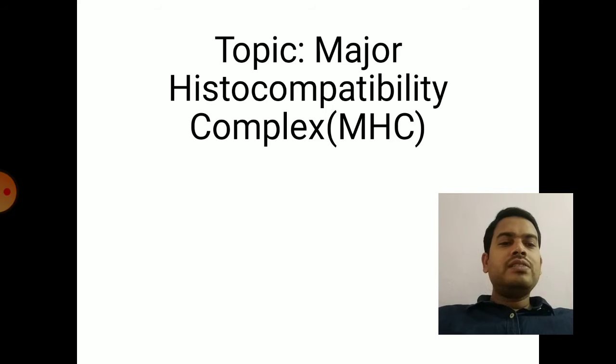So in mice it is called as H2 complex. In humans it is called as HLA complex, human leukocyte antigen complex. So the genes for coding these MHC are present on chromosome number 6 in humans and chromosome number 17 in mice. In humans it is called as HLA complex and in mice it is called as H2 complex.